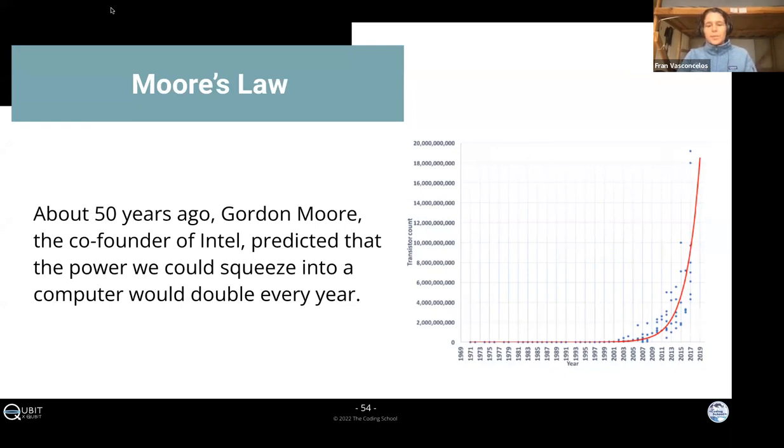The more transistors you can fit onto your chip, the more computing power you have. And you can see that it's been following a pretty exponential trend since the 1970s up till the 2020s.